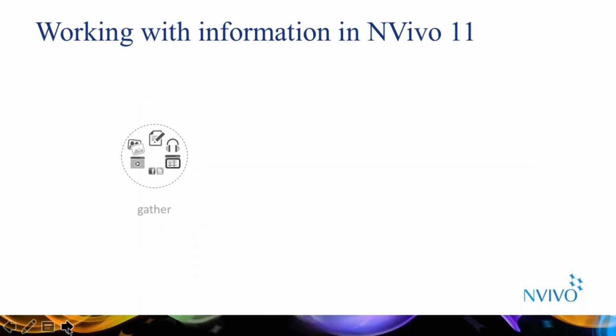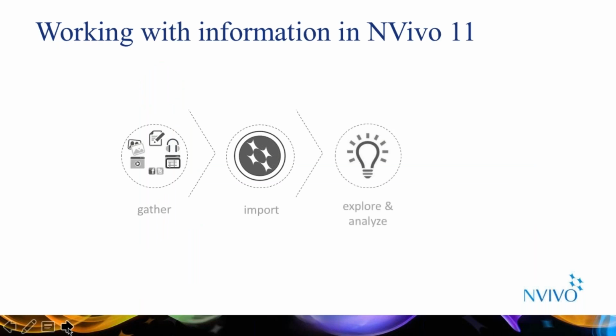When you're working with NVivo 11 and working with information, the first step, of course, is always to gather the information, be able to import it into NVivo, explore and analyze, and perhaps visualize and ultimately share that information in some format.